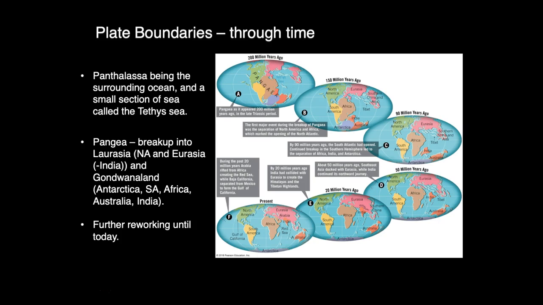Baja California has separated from Mexico, and the Panama Arc joined North America and South America to produce our current globe's appearance as we see it today. So in the past 20 million years, not that much has happened in terms of large changes, but you still see the transition of certain parts of our globe's geography as we see it today.